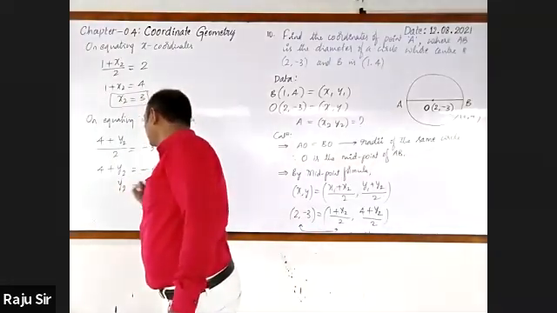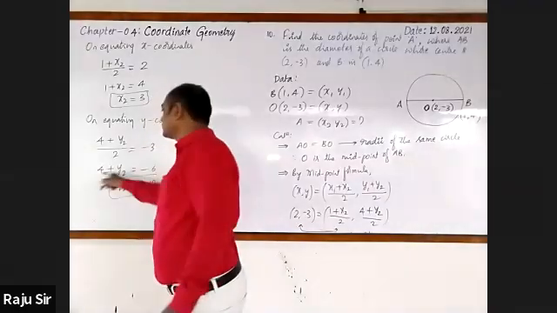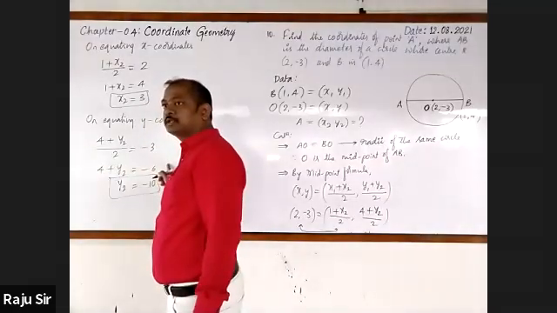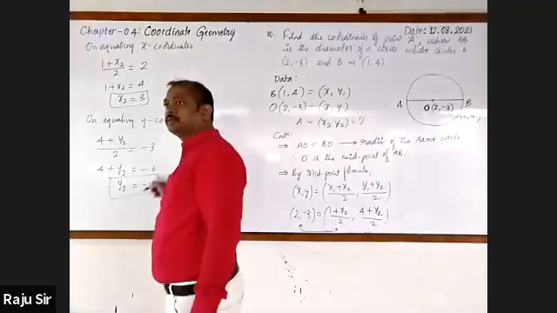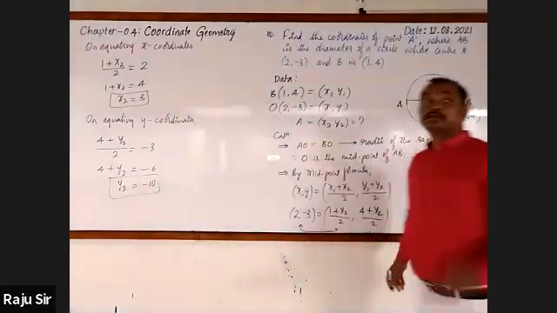Then y2 is equal to, transferring 4 to the right hand side, it becomes minus 4. Then minus 6 minus 4 is minus 10. Please go on writing with me.